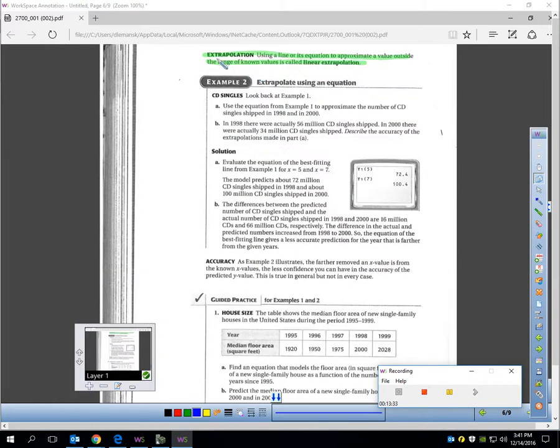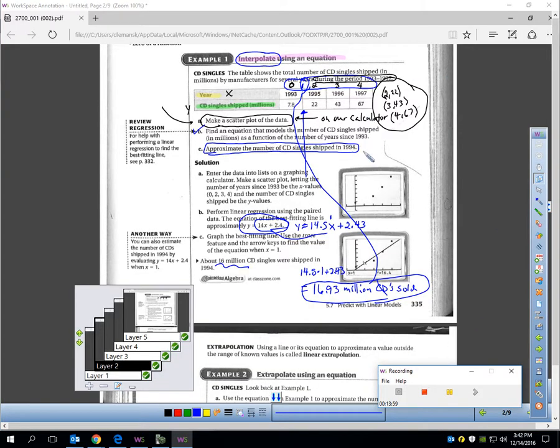Now, extrapolation is the exact same process with one exception. When you do your estimation, you are using your line to approximate a value outside the rest of the data. That's called extrapolation. So we don't have to do the entire problem again, but let's now extrapolate something from that past problem. Let's say that I wanted to estimate how many CDs were sold in the year 2010 based on my equation.